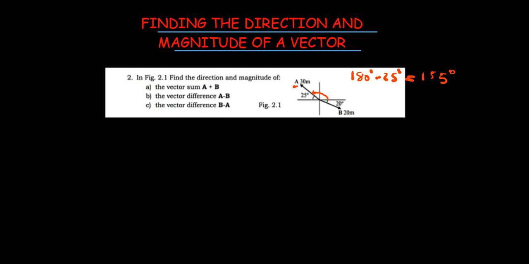So how do I continue from there? I must find the components of vector A. I will find the x component using the formula: A_x must be equal to the magnitude of the vector, which from the question is 30 meters, then since we're dealing with x, we use cosine: 30 cos 155 degrees.